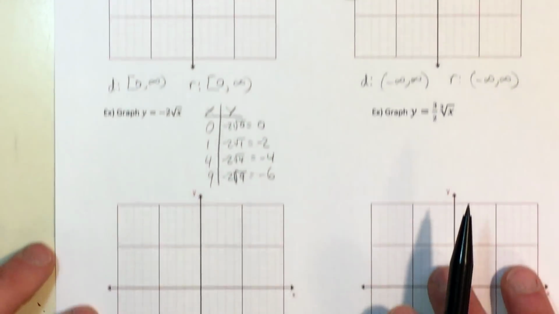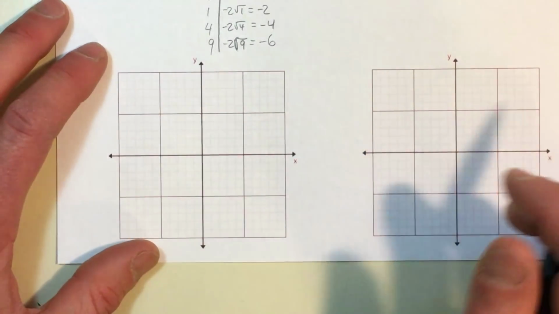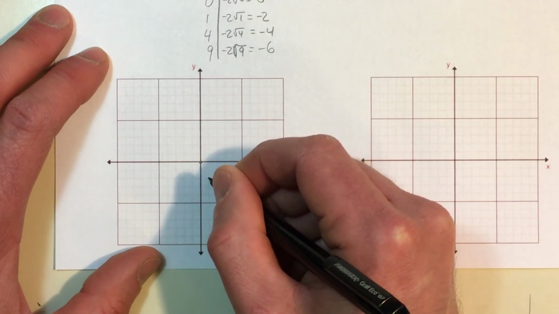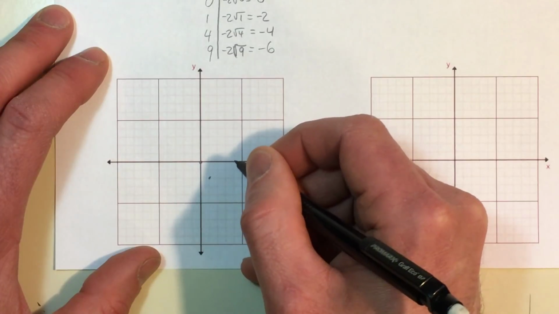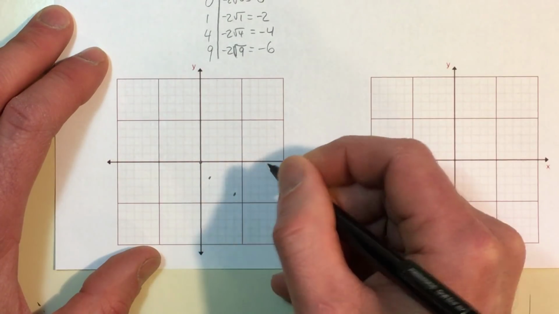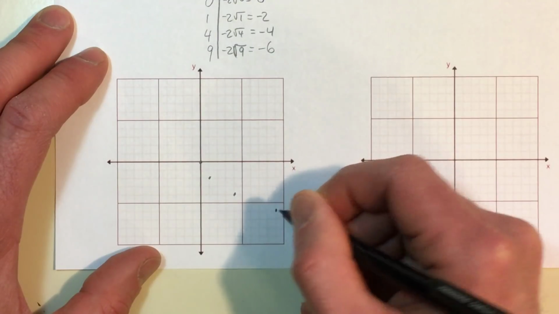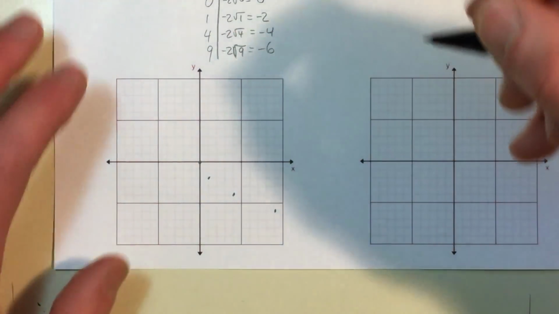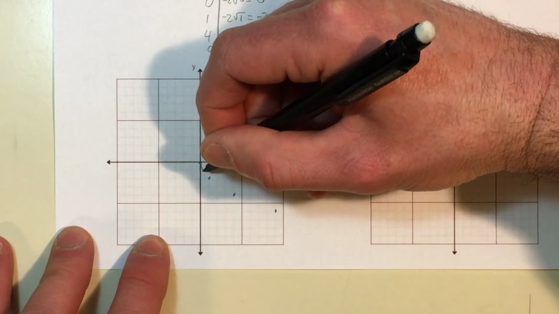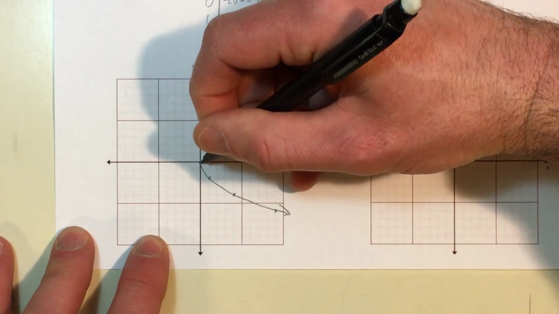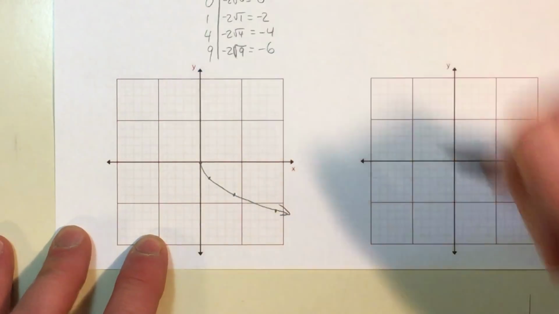So let's make a graph here. So we've got (0, 0), (1, -2), (4, -4), (9, -6), and it is a parabola on its side, just like so.